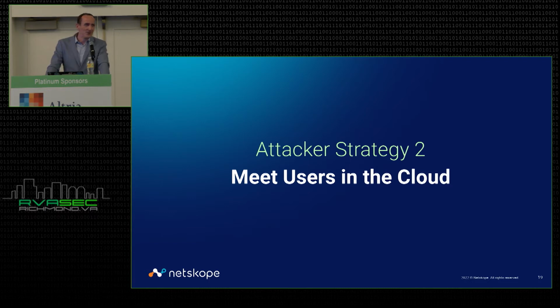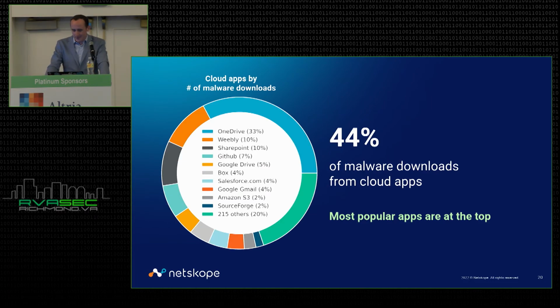So number 2, I'm calling meet people in the cloud. When we look at all these malware downloads and where the actual malware download was hosted, it's been hovering around 50% for the past few years sitting on cloud apps, versus the infected WordPress pages and all over the normal web.